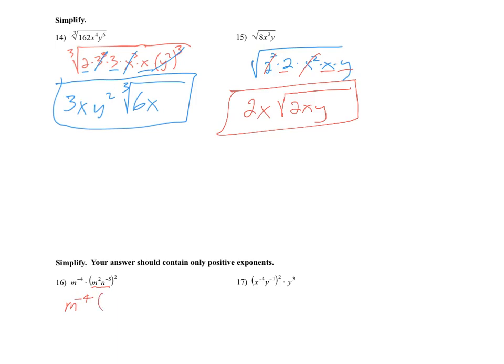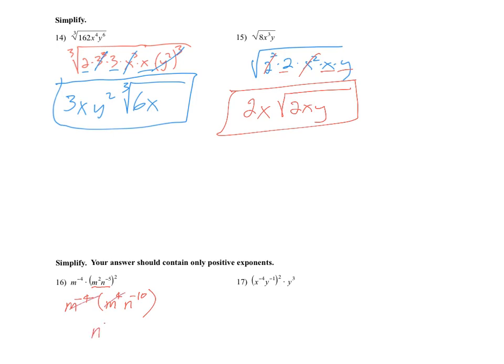And in the parentheses we're going to get m to the 4th n to the minus 10. Agreed? Agreed. So m to the minus 4 times m to the 4th would be m to the 0 power, which means these just cancel out.